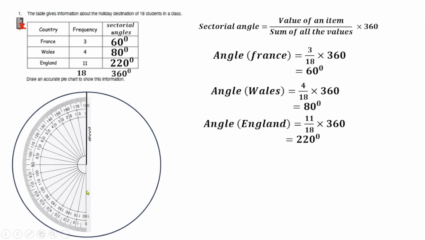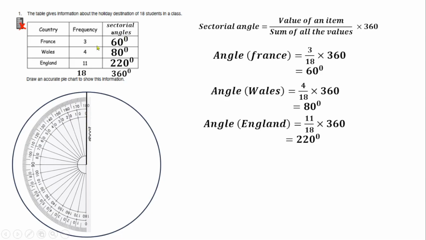That black line shows the origin of the angle, starting from 0, because I'm going to read it anti-clockwise. So make sure that the black line on your protractor is directly on the radius you have drawn in that circle. That shows your angle is starting from 0.